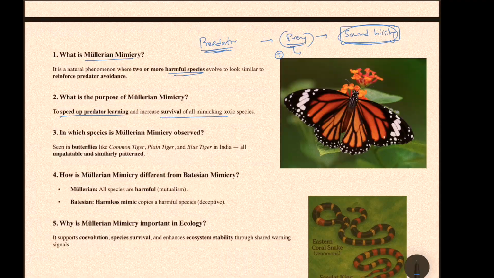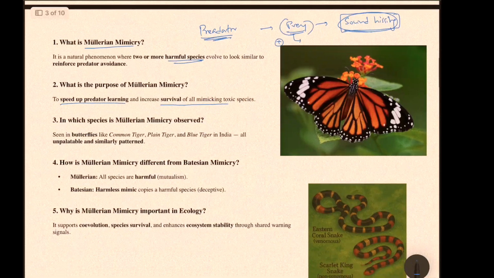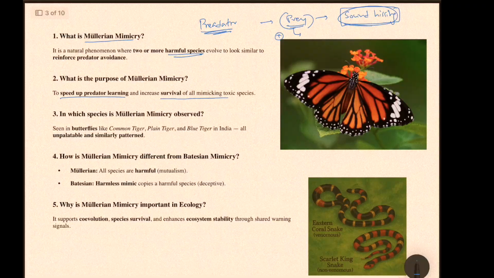So the predator gets a reinforced idea that if a species is making such a sound, it is harmful and non-palatable. Ultimately, the purpose of Müllerian mimicry is to speed up predator learning so that both species in this phenomenon share common warning signals.